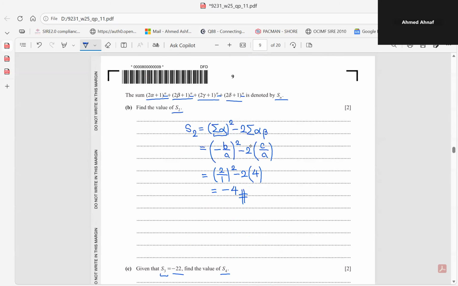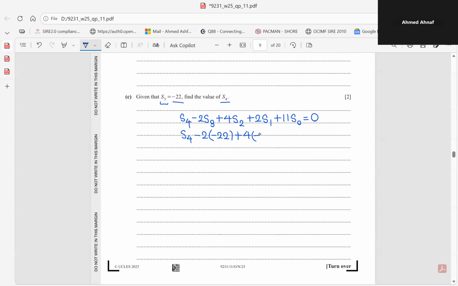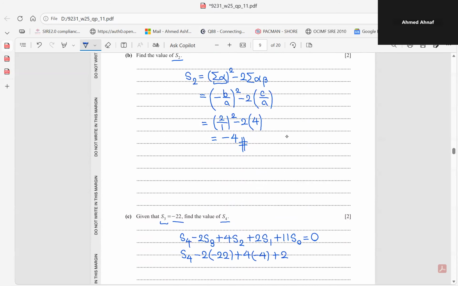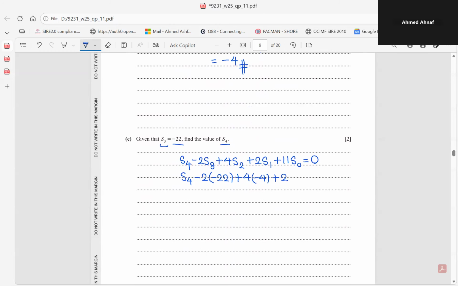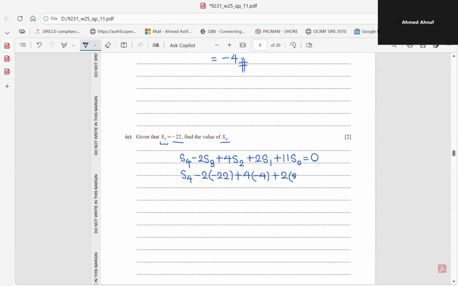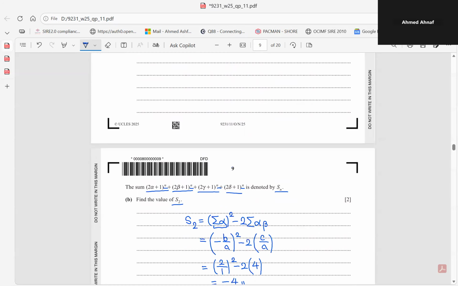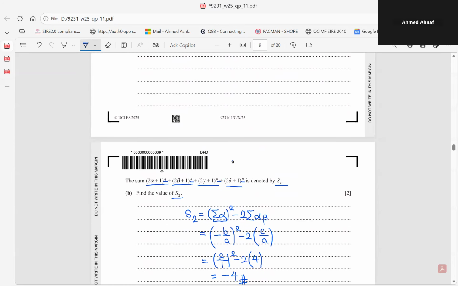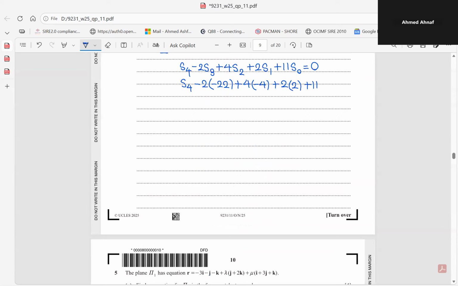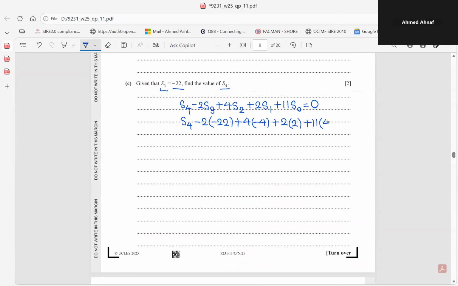So S2 is negative 4, plus 2 S1. S1 is also just 2, and plus 11 S0. So S0 is just to the power of 0, so it's just 1 plus 1 plus 1 plus 1. So that is just 4. So that's just 11 times 4 equals to 0.